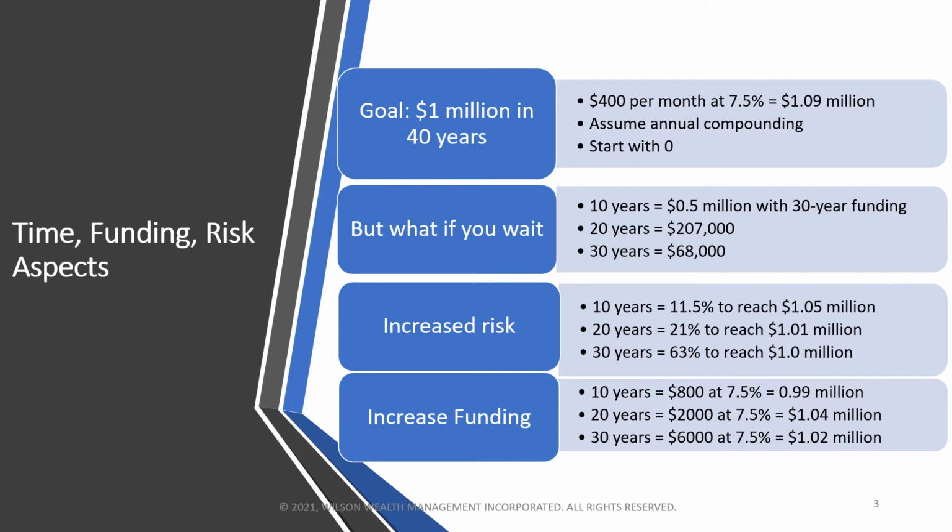Similarly with the funding, and again, we talked about this in the constraint section, but if you have $6,000 a month lying around, $72,000 a year to invest for 10 years to get to your million, you probably don't need to save that $1 million. That money's lying around, you probably have adequate assets elsewhere.